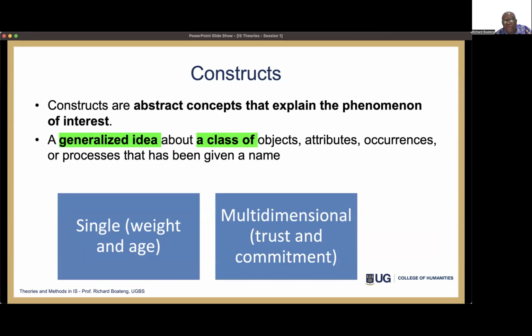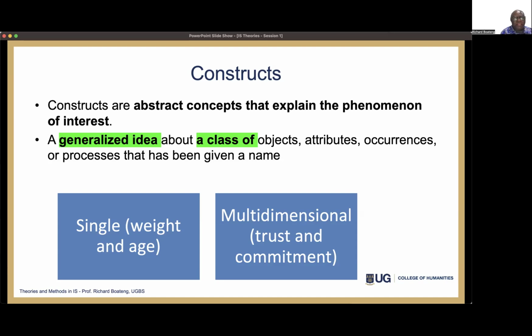Now, the constructs are abstract concepts that explain the phenomenon, but they are also the generalized idea of a class of objects, attributes, occurrences, or processes that have been given a name. So, for example, single dimensional variables include weight and age. Then you have multi-dimensional variables, such as trust and commitment. So trust can be looked at from three different dimensions, and commitment can be looked at from three different dimensions.